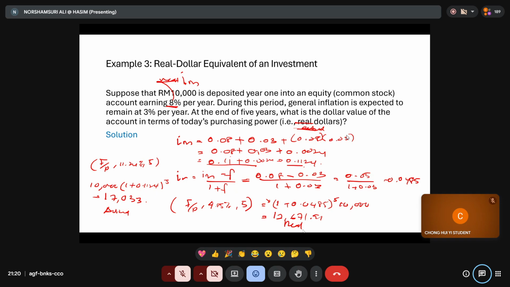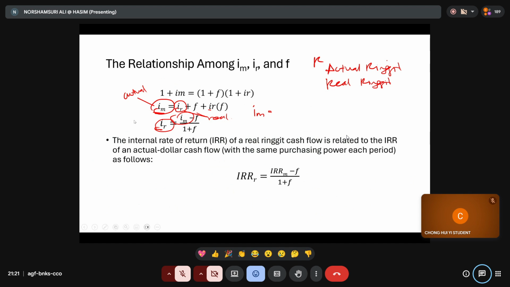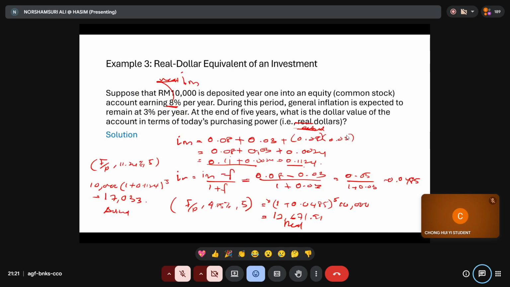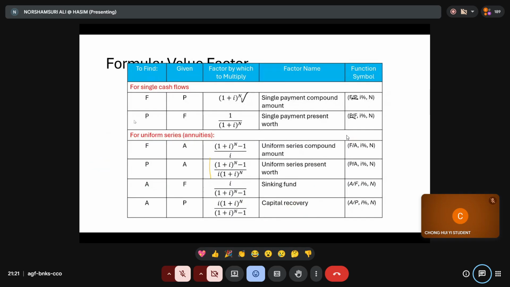So you can use this formula to get the real or the market value. If it isn't given to you, you can also calculate the value. Other examples are also available in the notes that I gave to you previously.